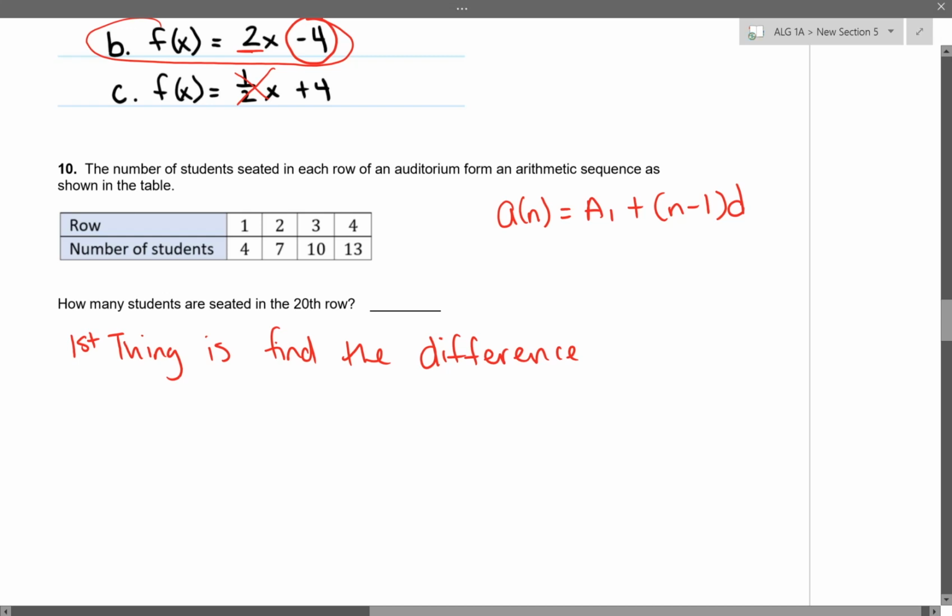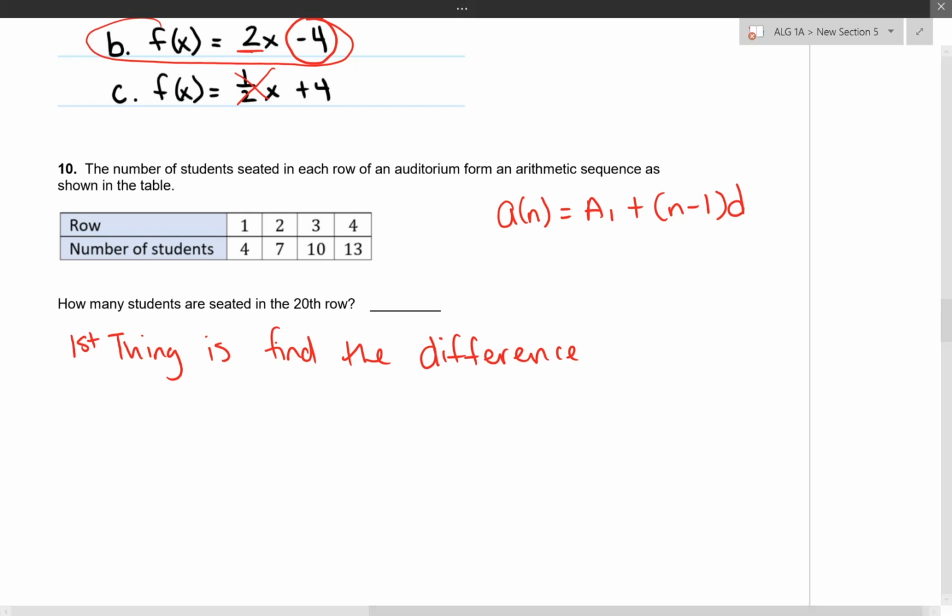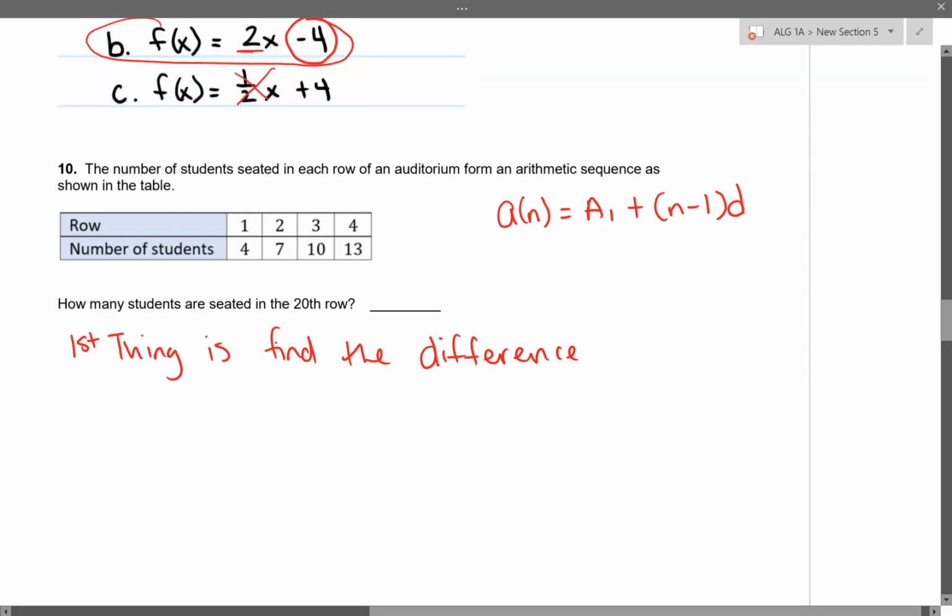Now A1 stands for the first term. N stands for the term you are solving for. And D stands for the difference.